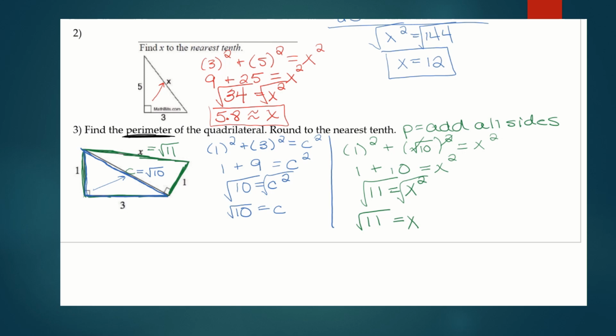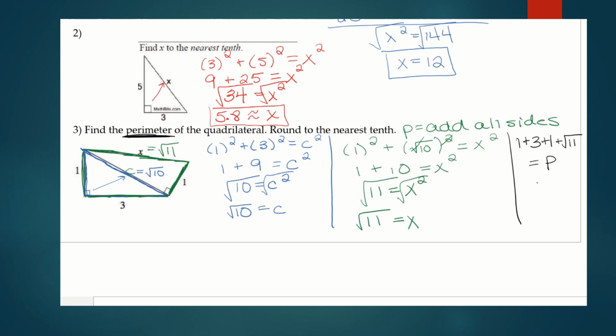Okay, now we can finally do what we're being asked, and that's find the perimeter. So let's add all 4 sides of the quadrilateral together. So 1 plus 3 plus 1 plus the square root of 11 is going to equal our perimeter.